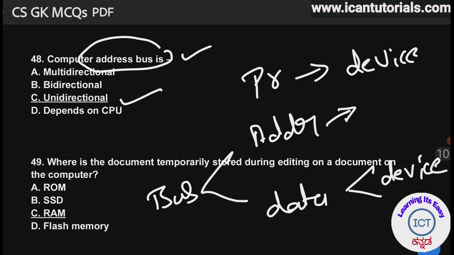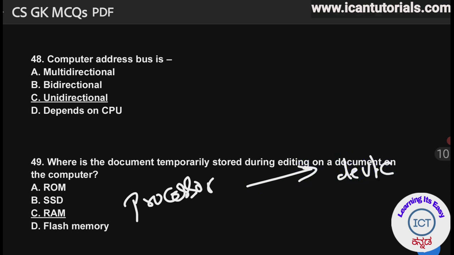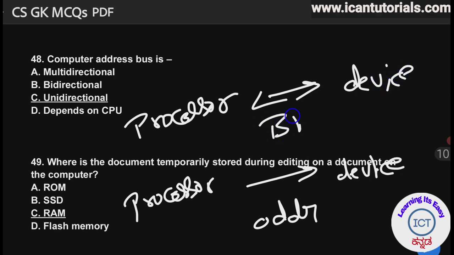The address bus transfers addresses unidirectionally, that is, one-way traffic: the address will be sent from the processor to the devices. This is the one way. But data will be transferred between device and processor in two directions, that is, bidirectional.